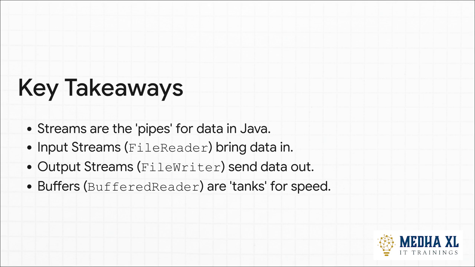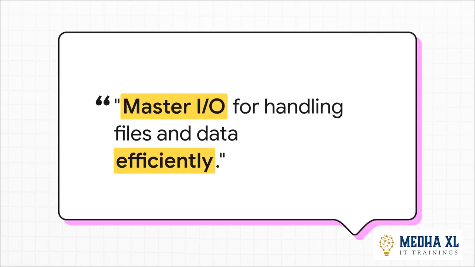And 4, and this is the big one for performance, buffers like BufferedReader are the tanks you use to get some serious speed. And at the end of the day, that's why this is so critical. Any app you write that has to handle files, or user input, or network connections, it all relies on this flow. Mastering I/O is really a non-negotiable skill for building solid software.